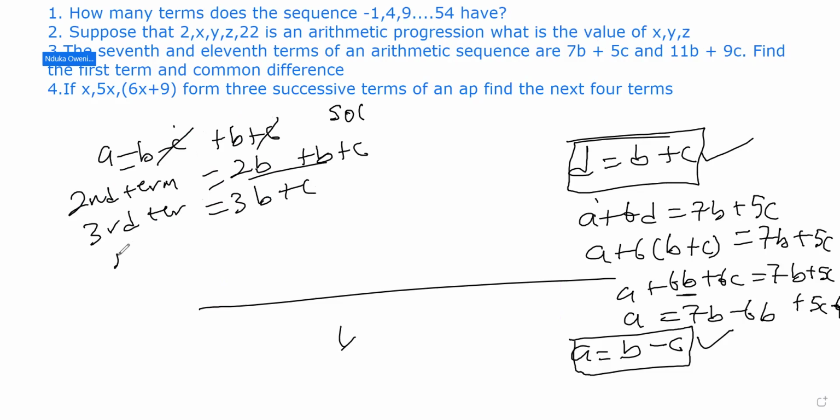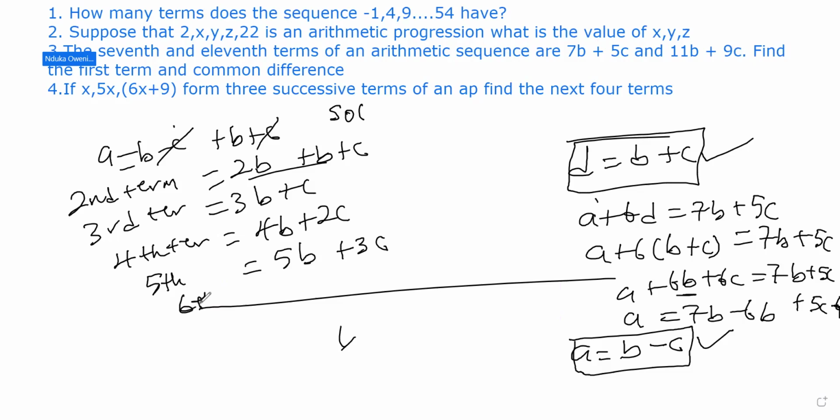To get the fourth term, we add again, which gives 4b plus 2c. For the fifth term, we get 5b plus 3c. For the sixth term, we get 6b plus 4c. For the seventh term, we add again and get 7b plus 5c, which is what was given in the question.